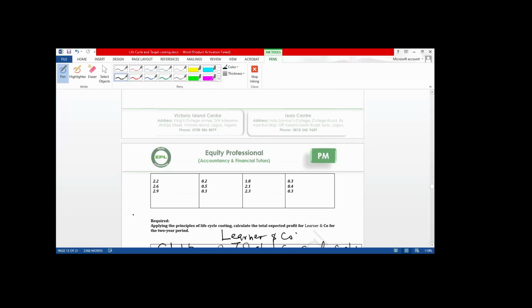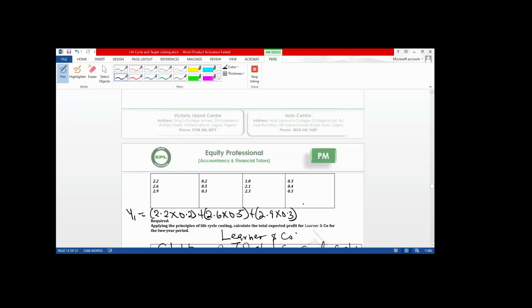For year 1, it becomes 2.2 multiplied by 0.2, plus 2.6 multiplied by 0.5, plus 2.9 multiplied by 0.3. That will give you the expected marketing cost for year 1.